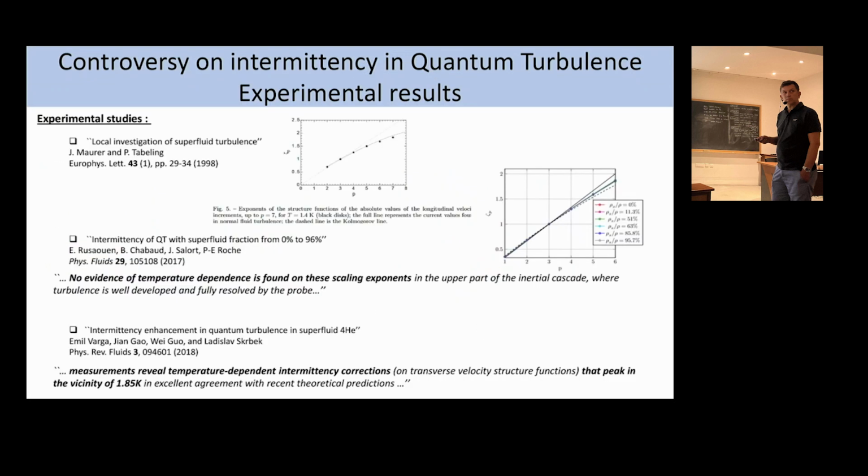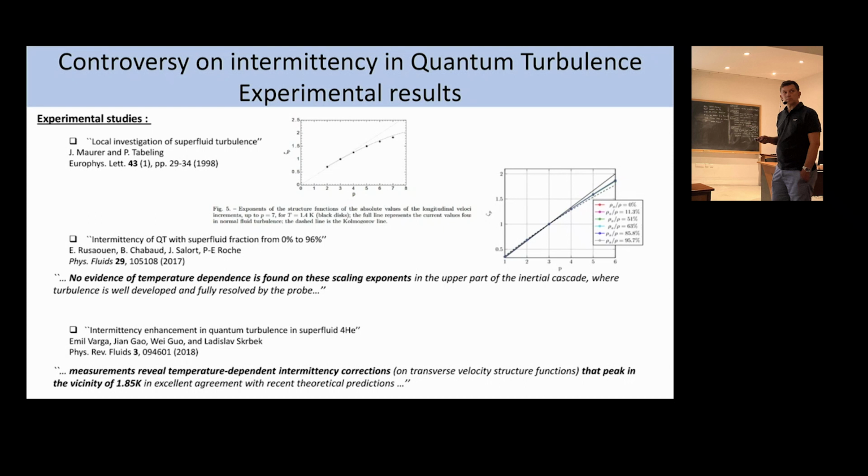And just for the last 5 minutes, I will say some words about some controversy on intermittency in quantum turbulence. You have some results in contradiction. So first, experimental studies: the first measurements of intermittency in superfluid helium are due to Maurer and Tabeling in 1998.